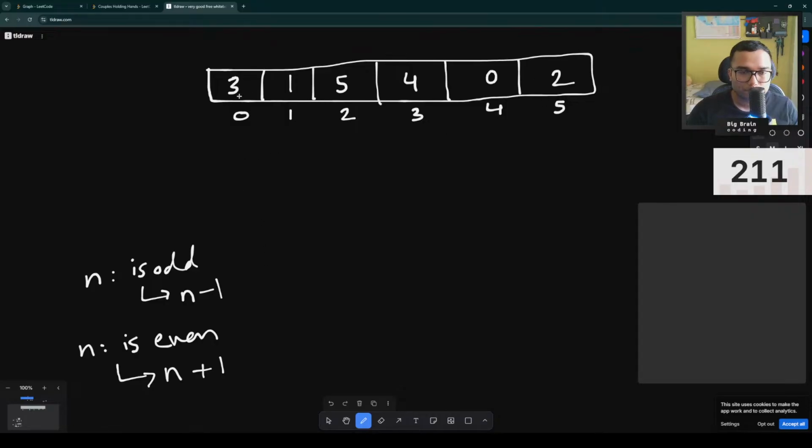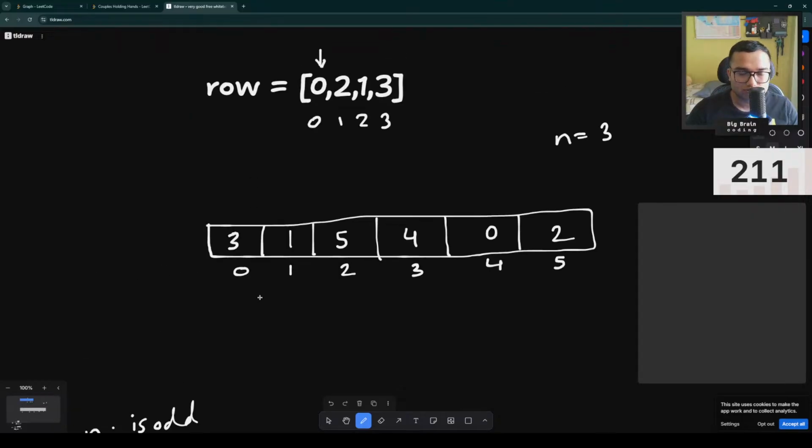Now, so I have two options here, right? I see the partner of 3 is not sitting next to it, right? So what do I do? Either I swap the position of 3, or I swap the position of 2 to here, right?